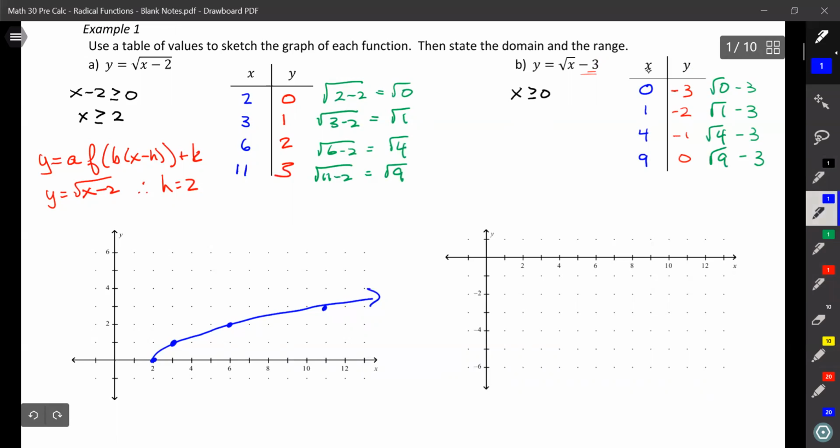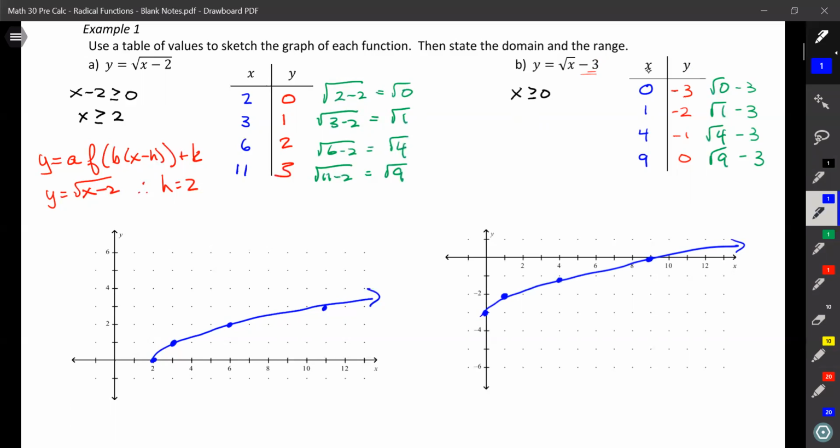So that makes a little more sense. Now we'll plot those points. So the first one is at 0, negative 3. The next one is at 1, negative 2. 4, negative 1. And 9, 0. And we join the points, and it would look something like that.